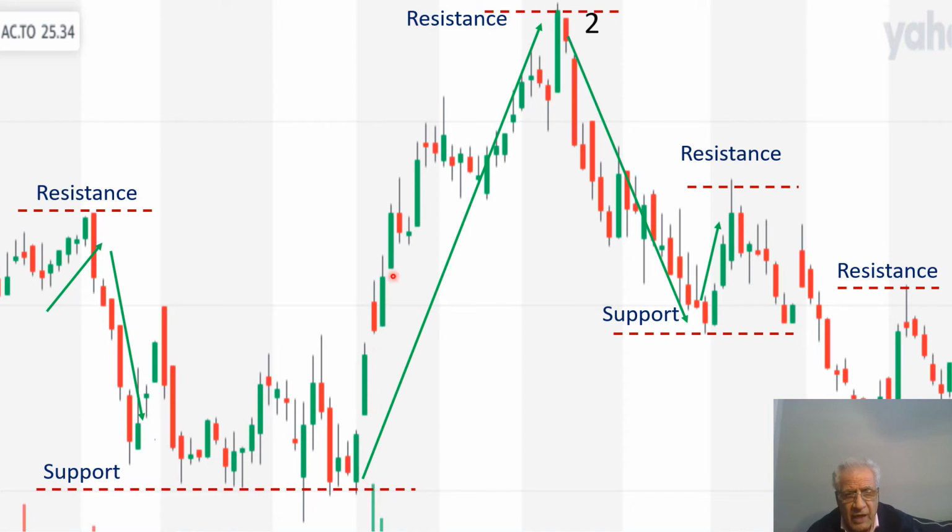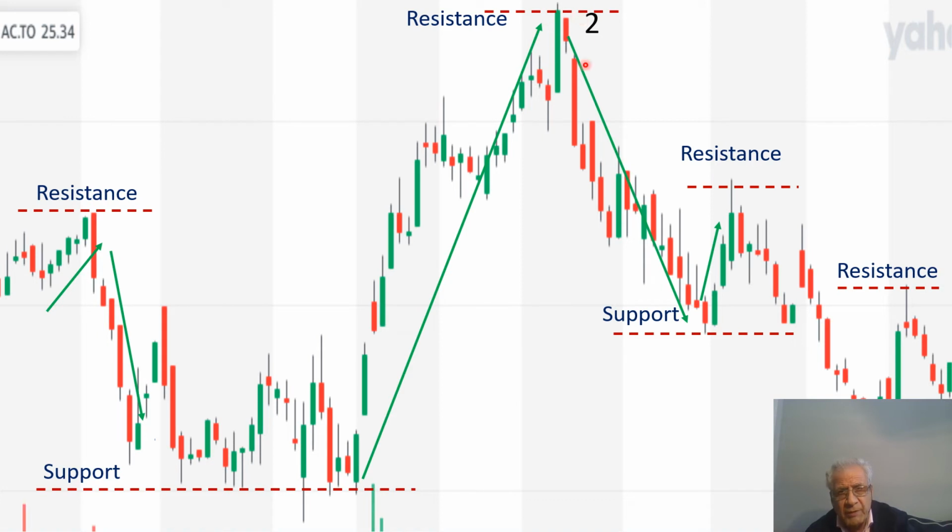It is making higher high, higher low, higher high, higher low, higher high, higher low, and higher high. And then when it reaches this resistance, we get the price rejection, and these two are nothing but a bearish harami.